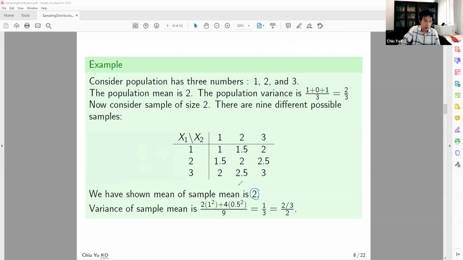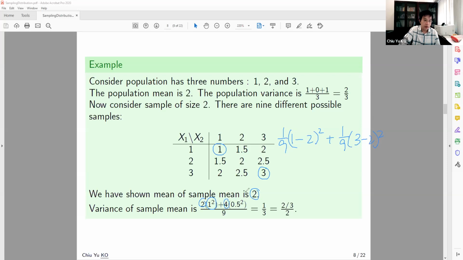And they're different from 2, there's 1 and 3, okay? Because 1 minus 2 square over 9 and 3 minus 2 square over 9. That's the 1, okay? And that's why you have 2 of them.